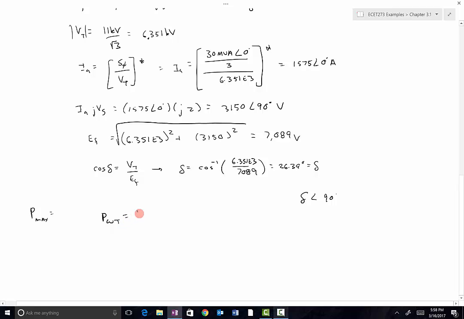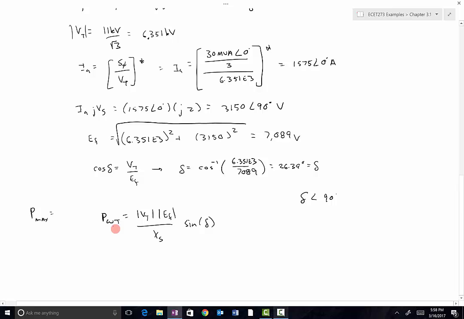We found that if we take the magnitude of the terminal voltage and multiply it by the magnitude of the excitation voltage, divide that quantity by the synchronous reactance, and then multiply by the sine of the power angle, we get the output power.